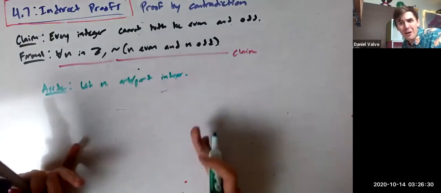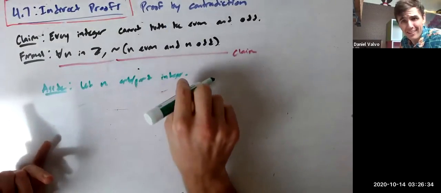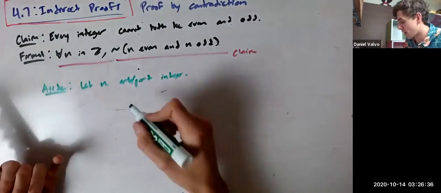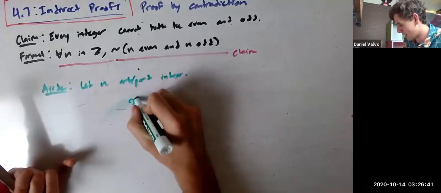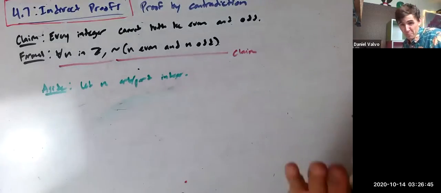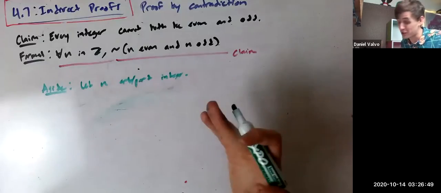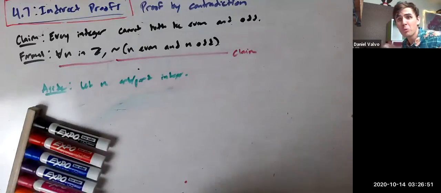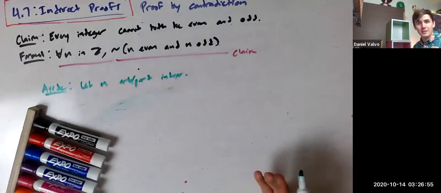It's going to be very hard to go from there, because we can't write it as 2k plus 1 since we don't know it's odd. We can't write it as 2k. We don't know it's even. We just know it's an integer. We don't know if it's prime or composite. We don't know if it's divisible by 3. We don't know anything about it. And so we have no foothold to rewrite it or do anything with it.